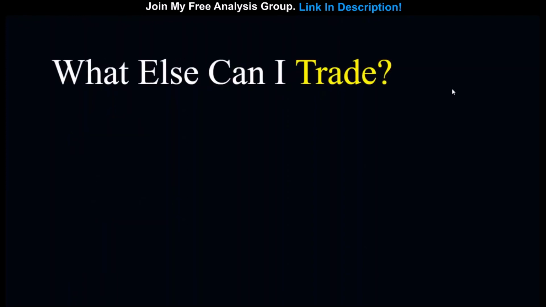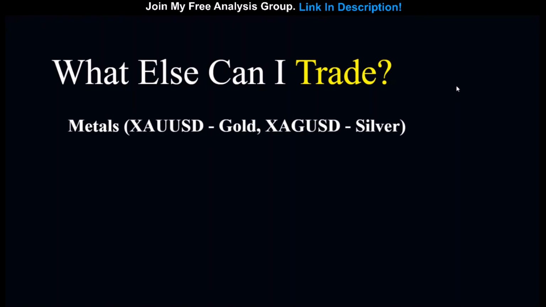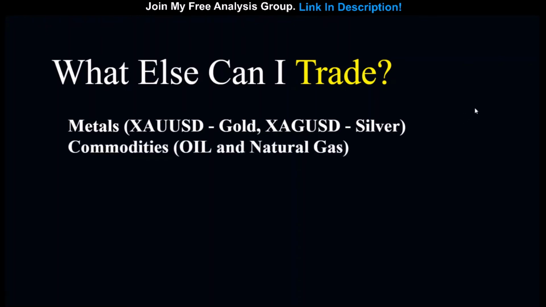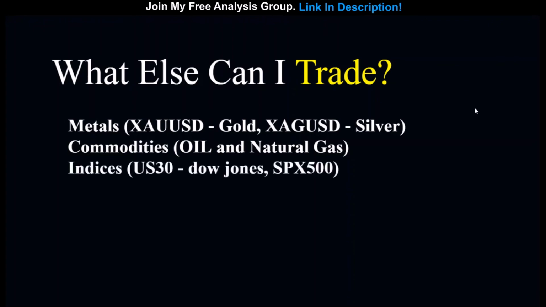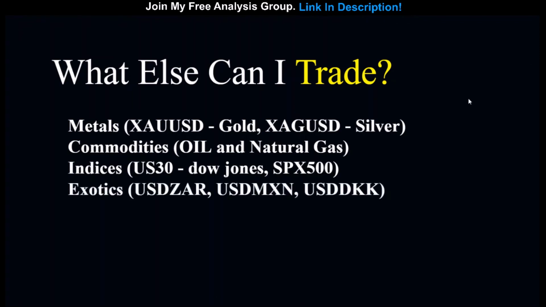All right, so in terms of what else you can trade within the foreign exchange market, it is pretty extensive. You can actually trade metals like gold and silver. And here I just have their abbreviations, like XAUUSD or XAGUSD. And you can also trade commodities like oil and natural gas. You can trade indices like the Dow Jones or S&P 500. And you can trade exotics. So exotics are currency pairs, but they're not as heavily traded as some of the minor and major currency pairs that we talked about.